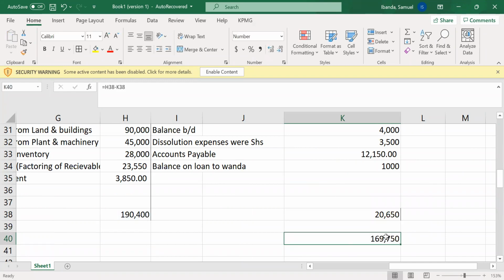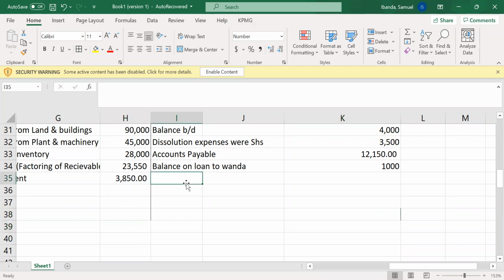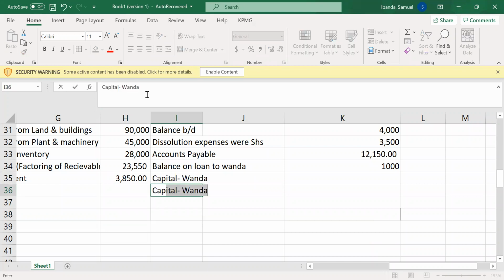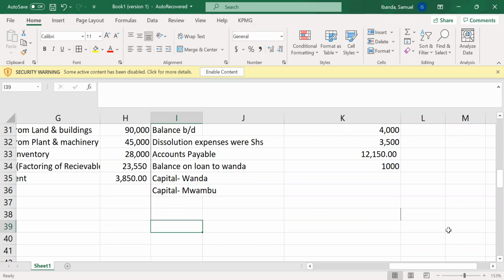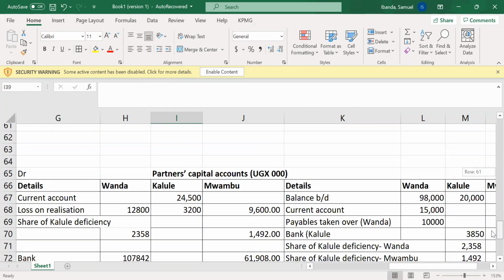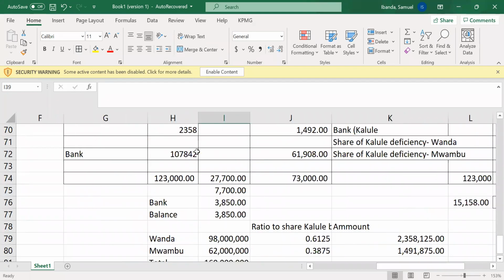Now you get 169,750. You're supposed to come here and put capital, because the capital account we are balancing off through here. So capital for Wanda, and then capital for this other guy, Mambo. These values as they are here, you transfer them.